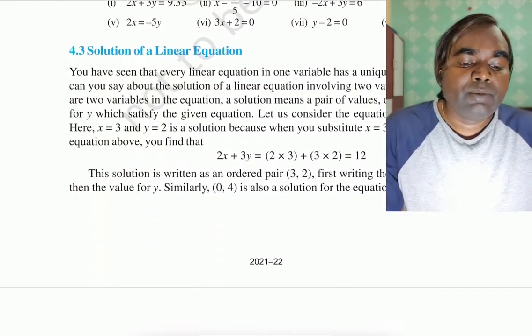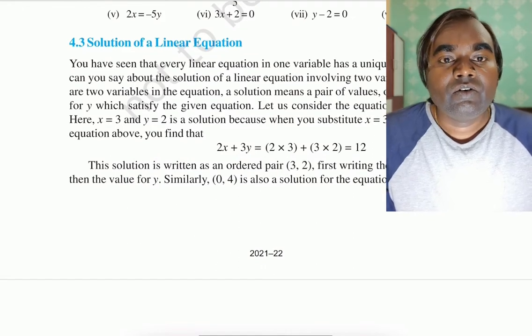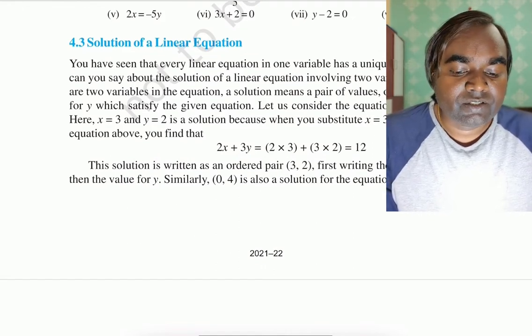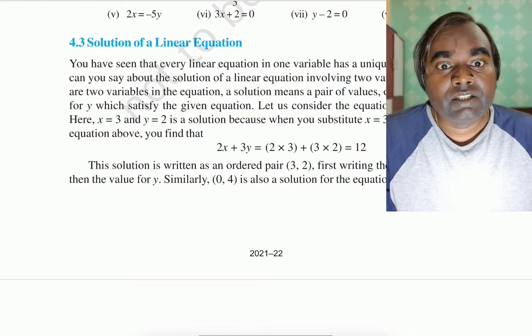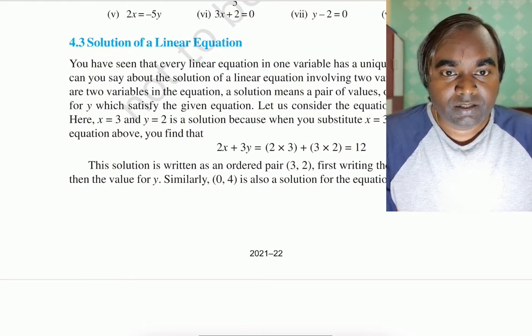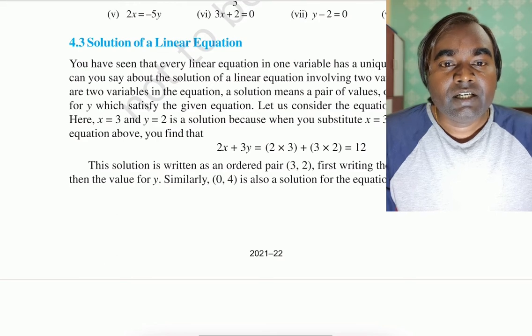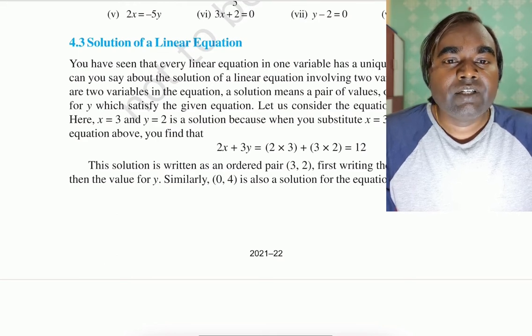Now, the solution of a linear equation. What is a solution of a linear equation? I would like to mention that the solution of a linear equation in one variable is always a unique solution. But linear equations in two variables will not have a unique solution.